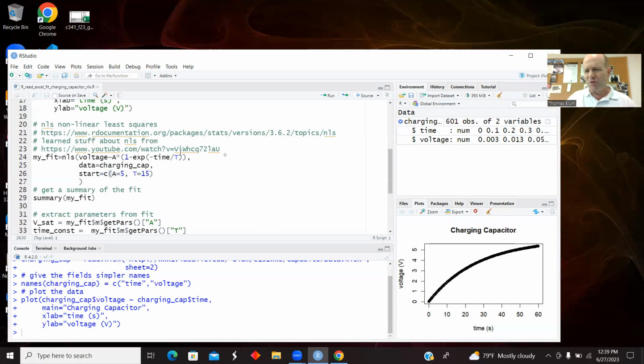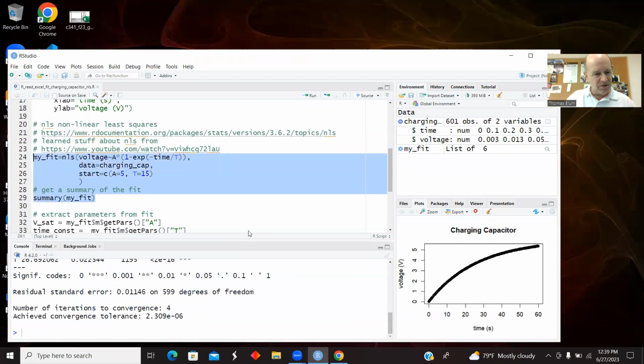So this time constant corresponds to the time to get to about 63%. So it's probably bigger, going to be in the 20s, but this is just a starting point. In the NLS method, you have to give it a starting point, and it should be a decent starting point, or it may fail to converge. Then I'm going to give a summary to see what this NLS method did for me.